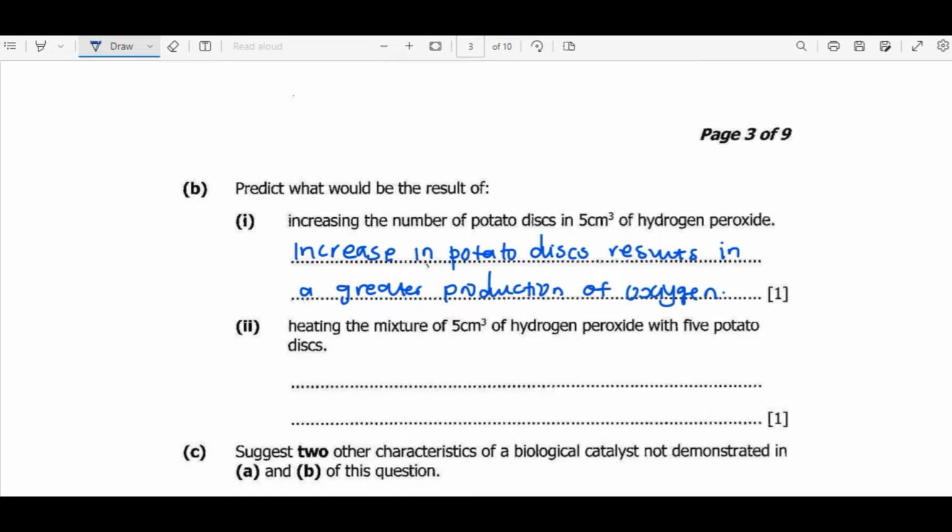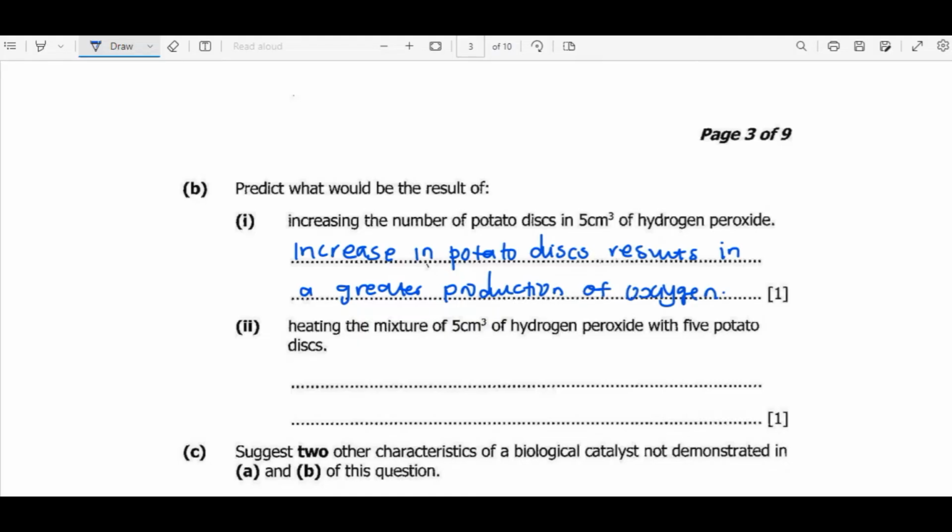Then 2, heating the mixture of 5 cubic centimeters of hydrogen peroxide with 5 potato discs. Now heating here, we are just trying to increase the temperature. For this one, we are not going to increase the temperature beyond the optimum temperature for enzymes.